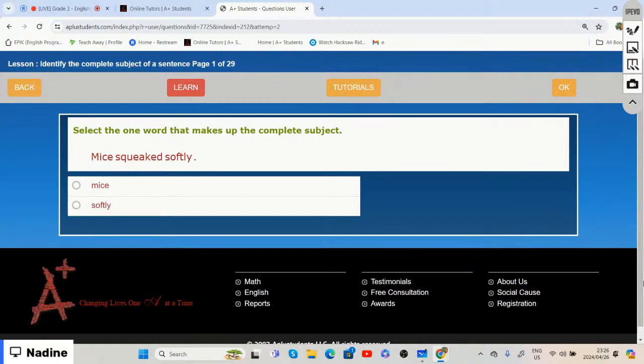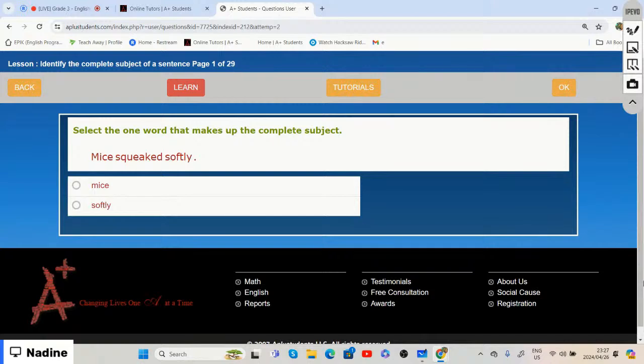Mice squeaked softly. We need to say who squeaked softly. Who or what squeaked softly? It says mice squeaked softly.